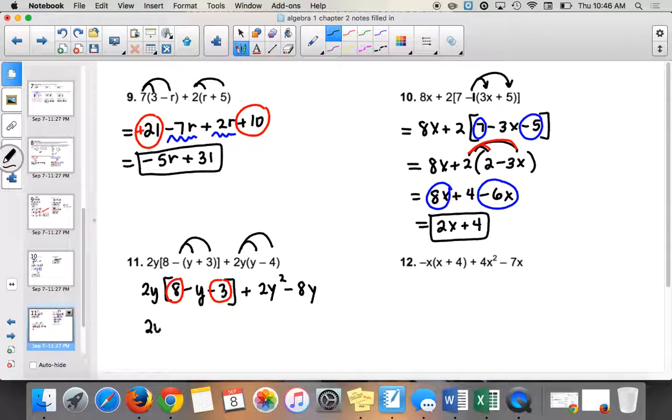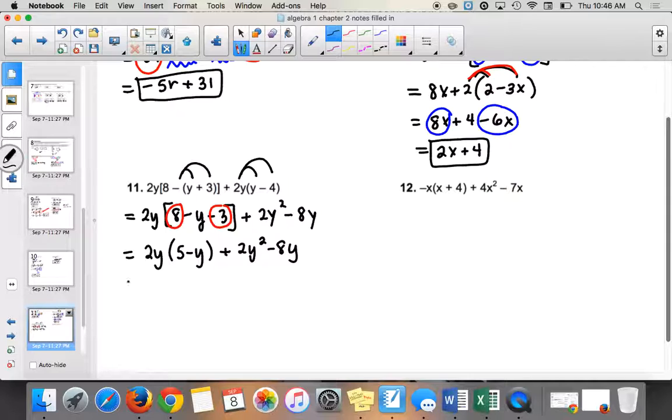So I get 2y, and then I have 8 minus 3 is 5. So times 5 minus y, plus 2y squared minus 8y. So we get 10y minus 2y squared plus 2y squared minus 8y.